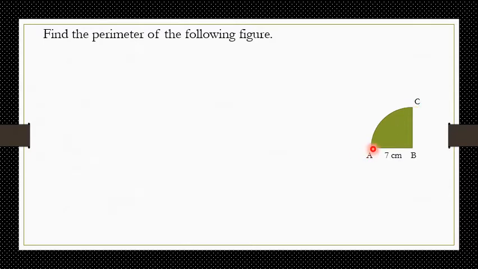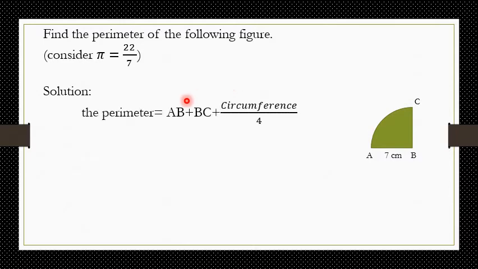Now if we start from A, the line will be AB plus BC plus CA. Consider pi equals 22 over 7, and the perimeter will be AB plus BC and circumference divided by 4, because that length will be circumference divided by 4.